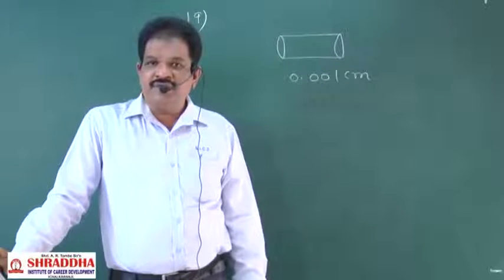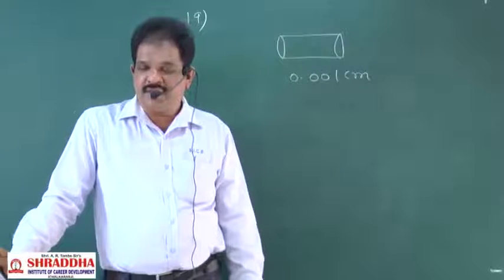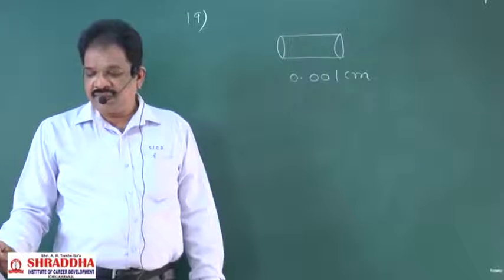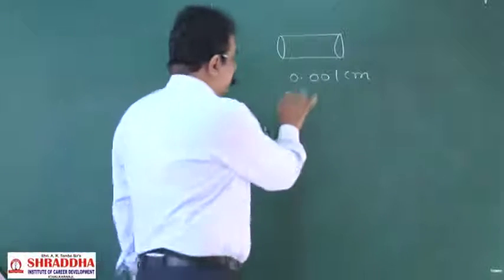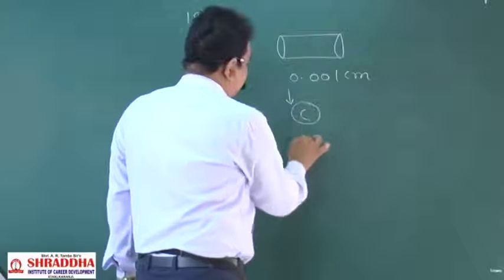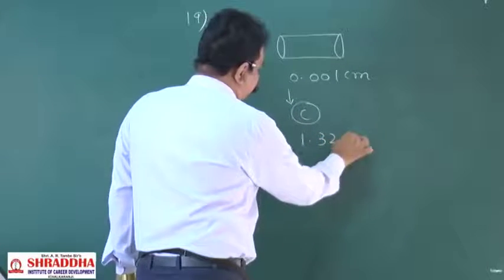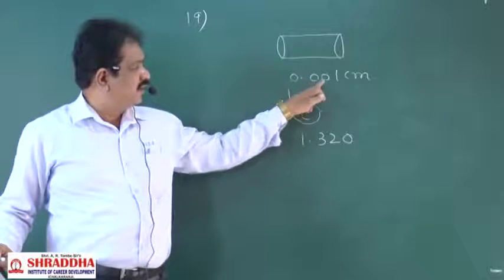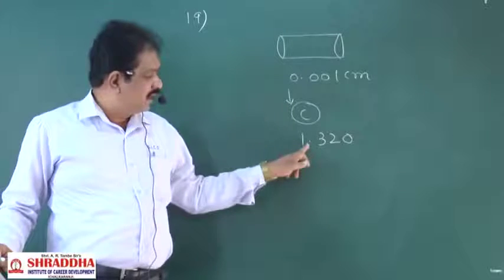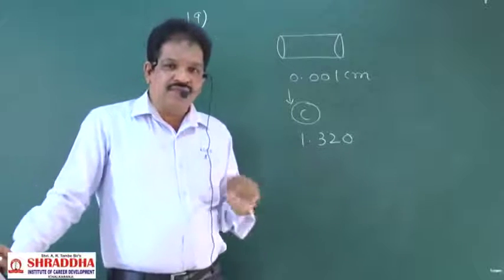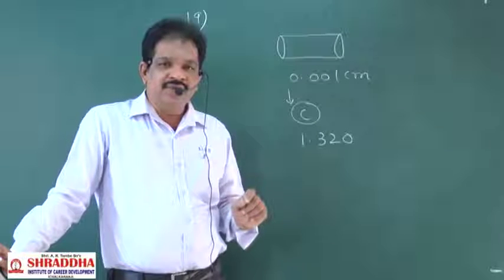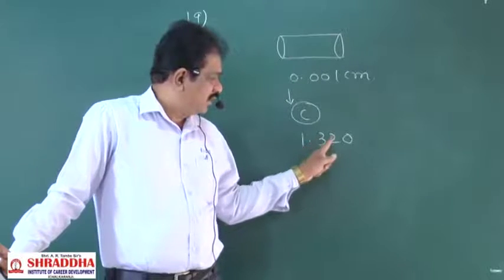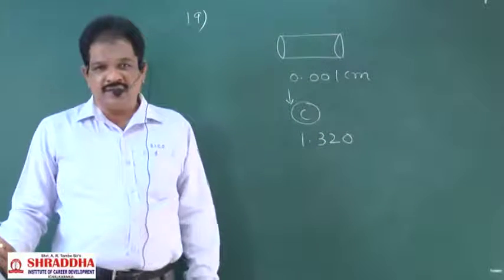Third option after decimal point 3 digits are there. Fourth option after decimal point 4 digits are there. Clear? So what is the answer here? C. My point is understanding. 1.320. After decimal point 1, 2, 3 are there. In the measurement also, after decimal point, there will be 3 digits. So that is the answer.